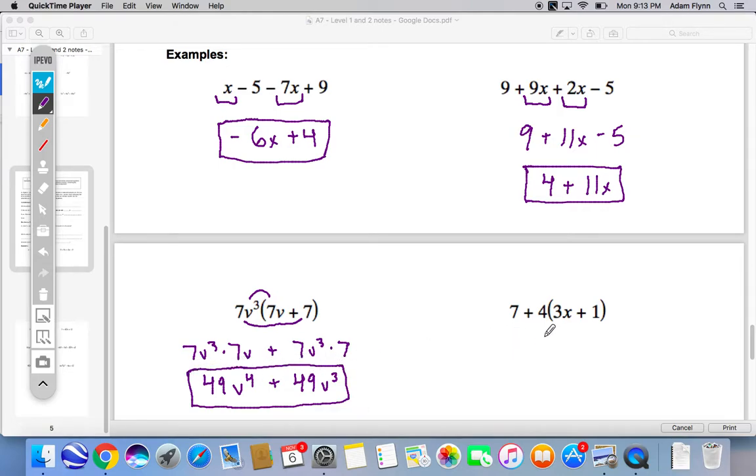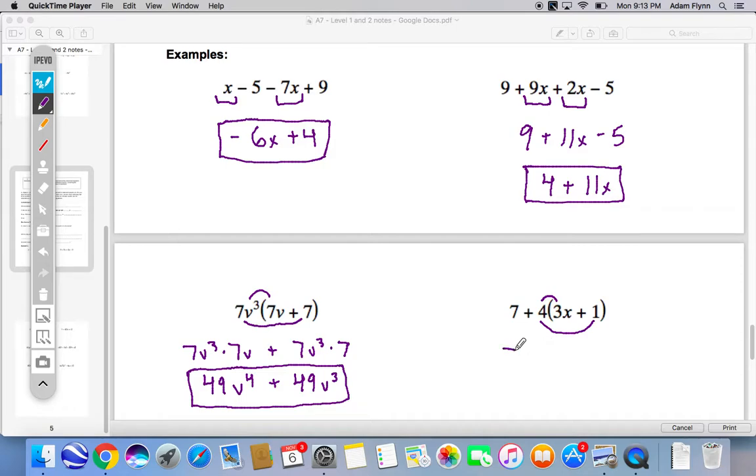All right, taking a look at this one over here, it seems as if some people struggle with this 7 plus 4 right here. These are two separate terms. You cannot add this 7 and this 4. So you can't say, oh, this is 11 multiplied by the expression 3x plus 1. By our order of operations, or by PEMDAS, we need to take care of this right here.